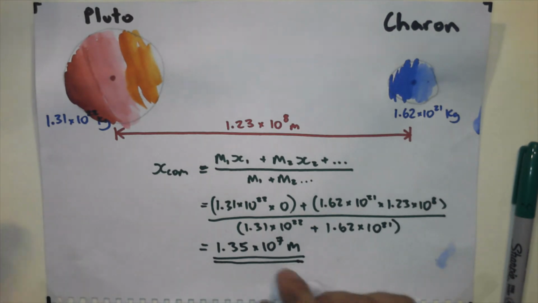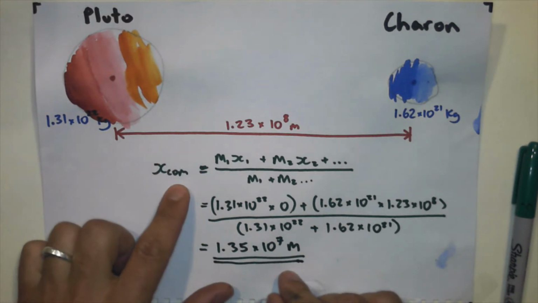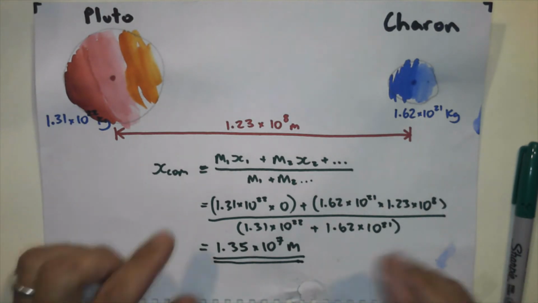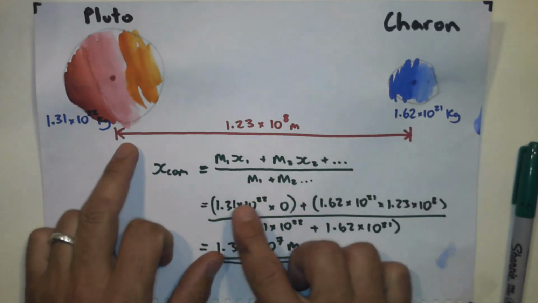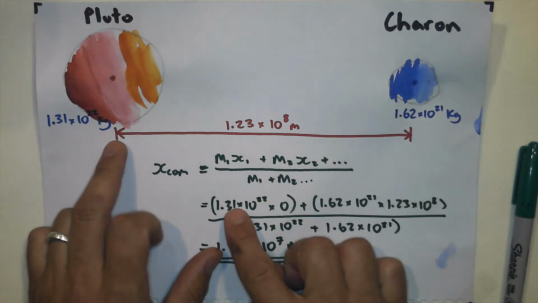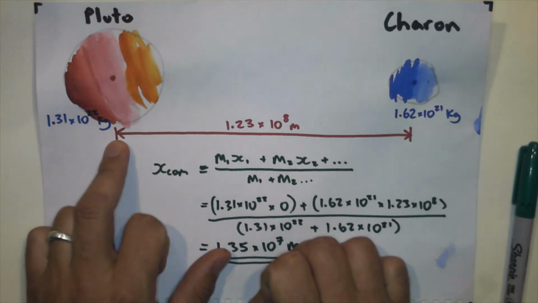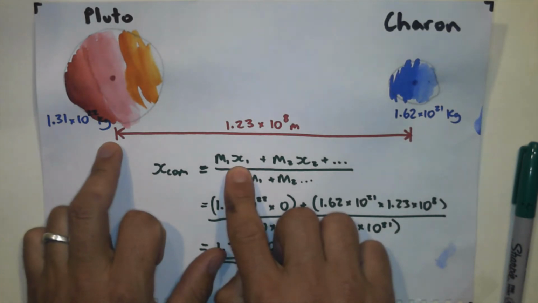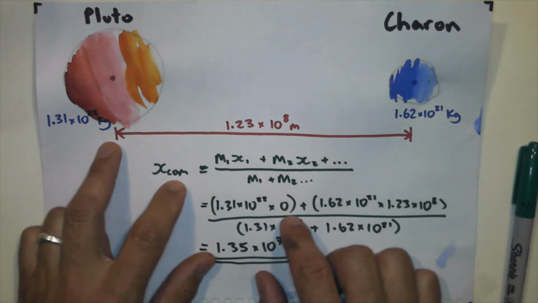So where's this distance measured from? This position of the center of mass is relative to any object you want to choose. Now, usually you choose one of the objects within the system, which is what I've done. I chose to work out the distance or displacement of the center of mass from the largest object in the system, which is Pluto. So for x1, the distance to Pluto from Pluto, I put in 0.